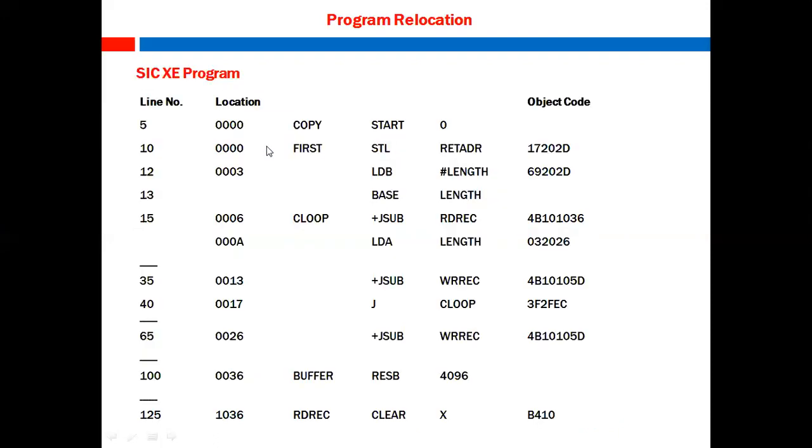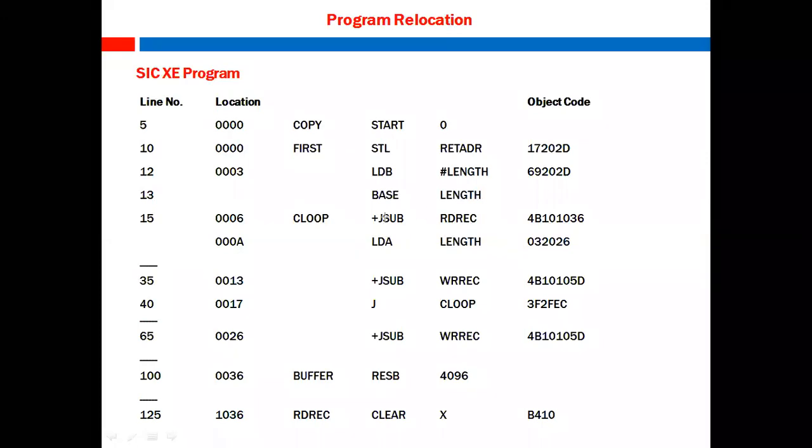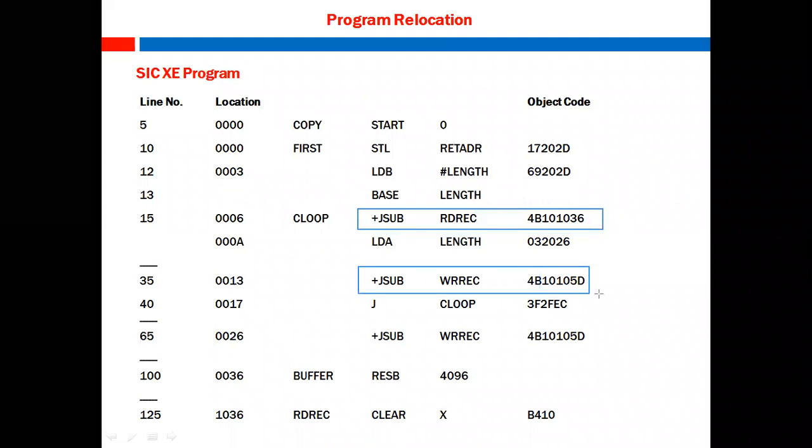Now look at this one. In this program, whenever it is a format 4 instruction, let's take something like this. Format 4 instruction, let's say this one, and then format 4, and then again format 4.